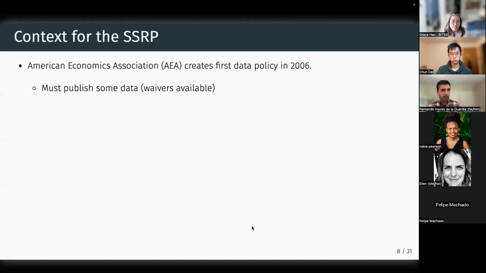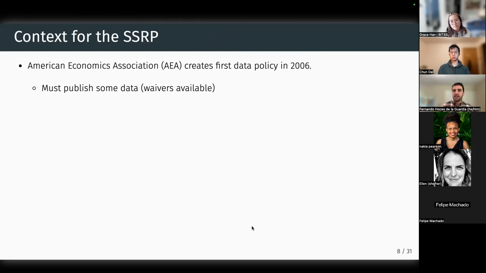So that's where we come in as the Social Science Reproduction Platform. A little bit of historical context: at BITSS, our closest discipline is economics, and basically we follow the history of the policies there.